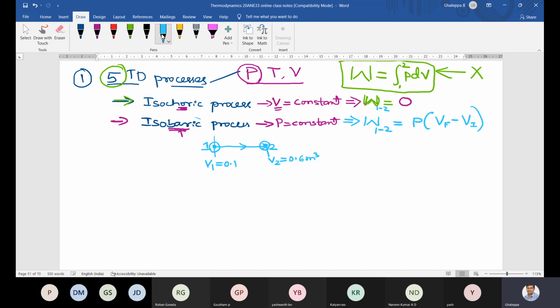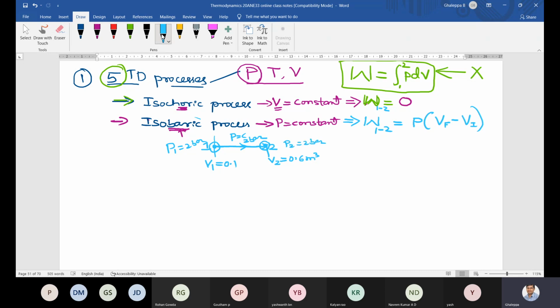Let us assume simple values. And during the 1 to 2 process, the pressure is constant. Constant pressure, it may be 2 bar or 3 bar, 4 bar, whatever. So when the pressure is constant throughout the process, P1 is equal to 2 bar, and P2 is also equal to 2 bar, because of constant pressure.